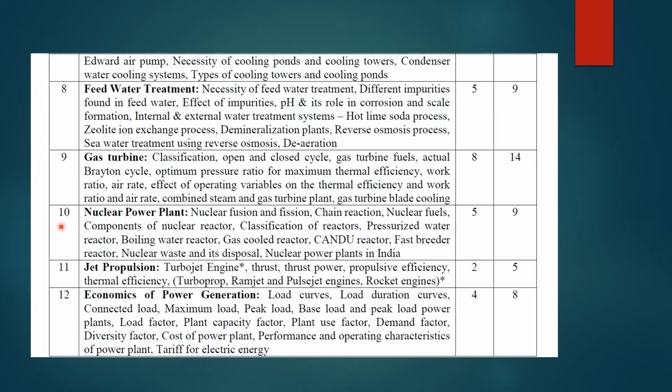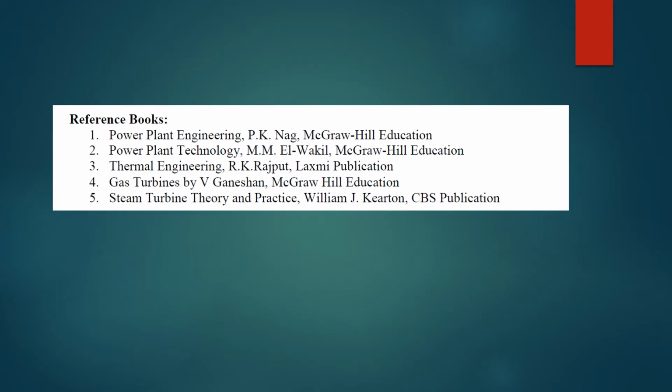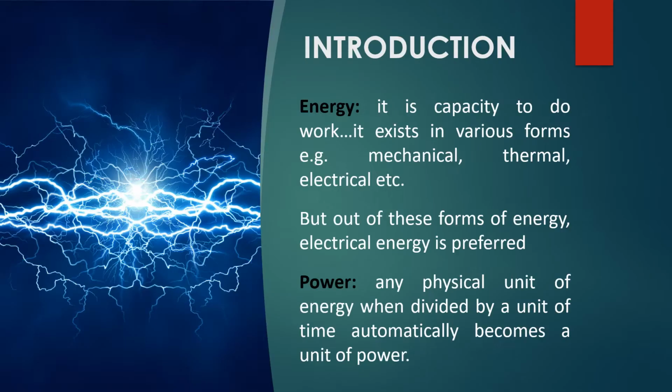In remaining units, we discuss about jet propulsion and economics of power generation. On this slide, list of reference books is shown which are useful to understand the subject in depth.